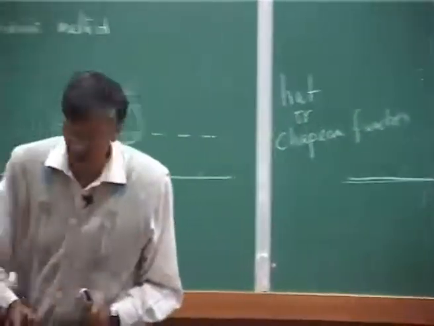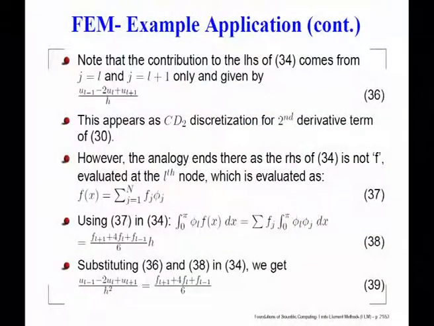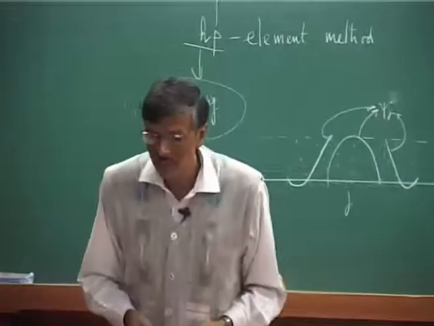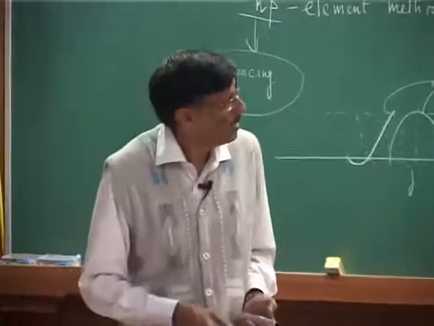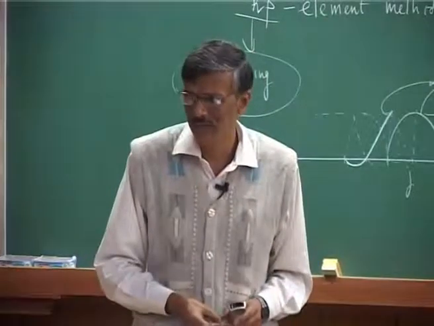So, that is what we have written there; actually there should be a J, L plus minus 1. If you do that, with L plus minus 1 and L, you get this, and this should convince you that it looks like your second order central difference scheme, right.